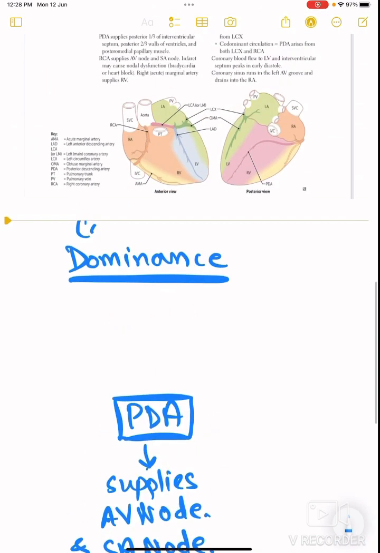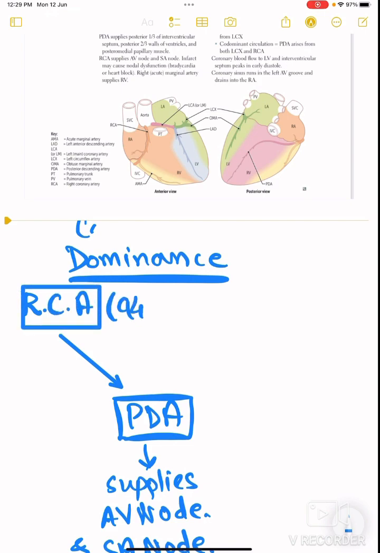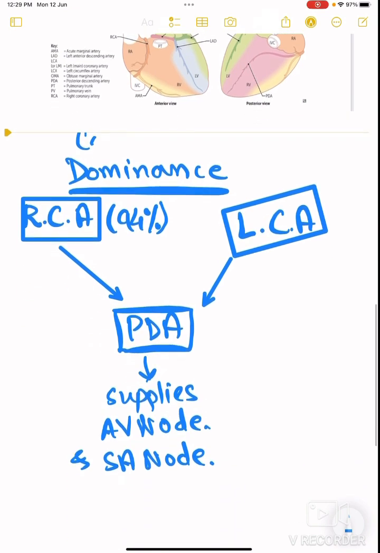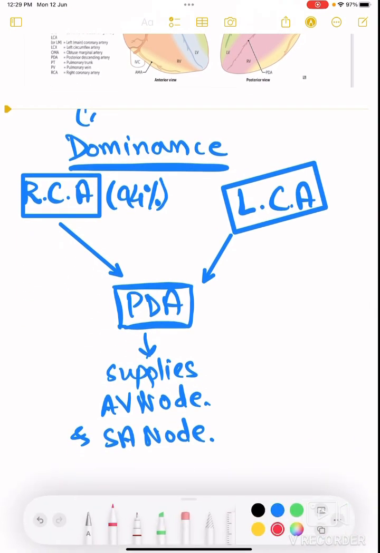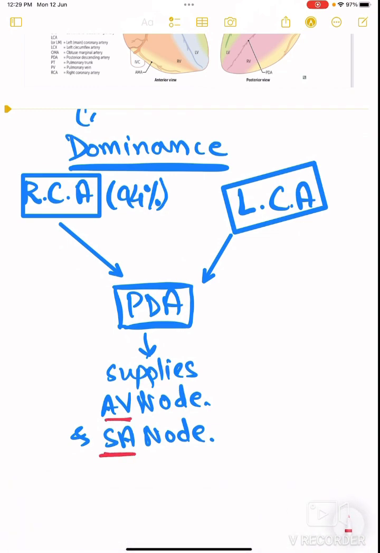And we have seen above that the posterior descending artery is mainly a branch of the right coronary artery, 94% of the time, but it can also be a branch of the left coronary artery. Since the posterior descending artery has the very important work of supplying the AV node and the SA node, it maintains the vitality of the heart. That's why the PDA is a very important artery.